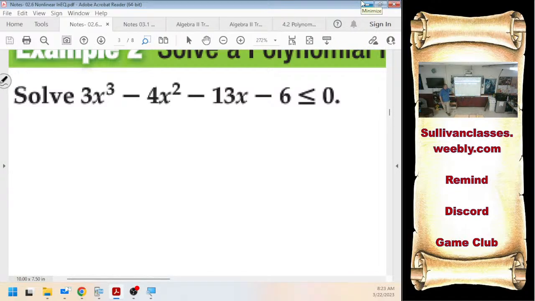First up, I got to find zeros, right? Like the whole above or below the axis, greater than or equal to 0, less than or equal to 0. That's always going to happen at the zeros, so find them. Are we there yet? Can we figure out how to turn this into split factored? Okay.